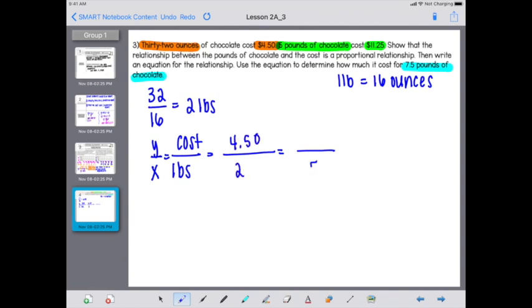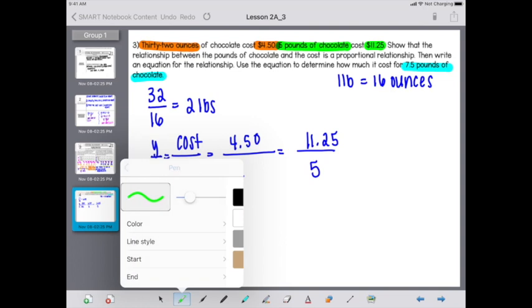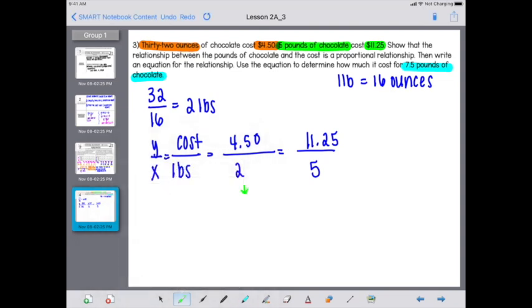We have 5 pounds of chocolate for $11.25. So we're going to test if there's a proportional relationship. We can find the unit rate of each one. So I'm going to do 4.50 divided by 2, and I'm going to get 2.25 per pound. The unit rate here would be 11.25 divided by 5, and you'd also get 2.25 per pound.